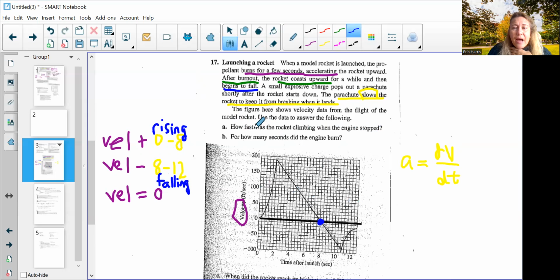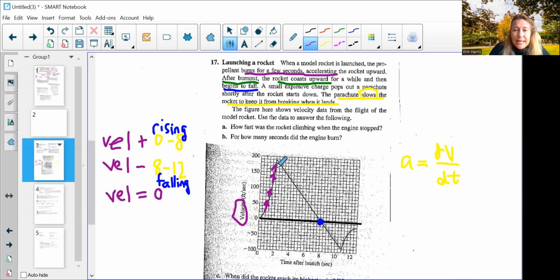So how fast was the rocket climbing when the engine stopped? Remember that engine that we start off with propels it, and it only burns for a few seconds. So where is this object really being accelerated? What we should be able to see is that the tangent lines to the velocity curve are the steepest through here.